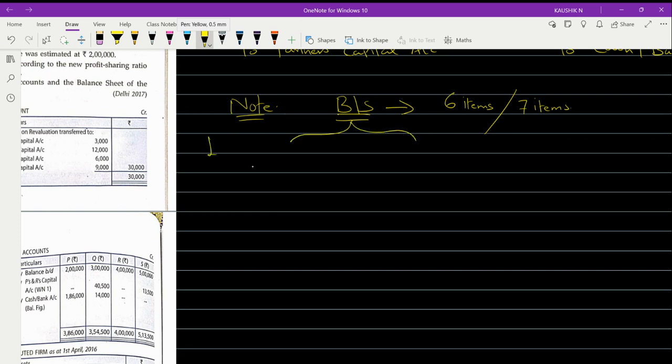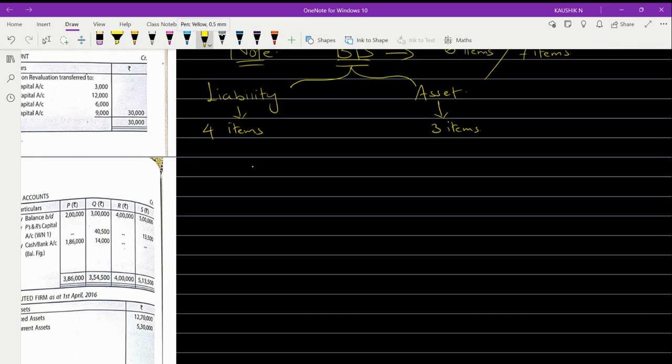The left hand side is the liability side, and the right side is the asset side. Out of the 7 items, 4 items will fall on the liability side and 3 items on the asset side. Now, what are those 4 items?